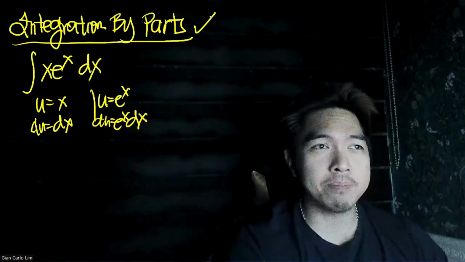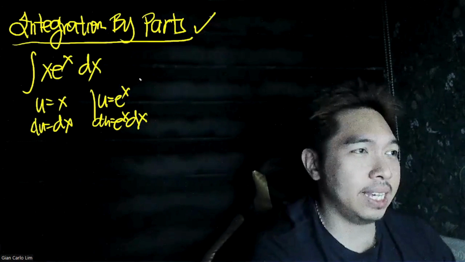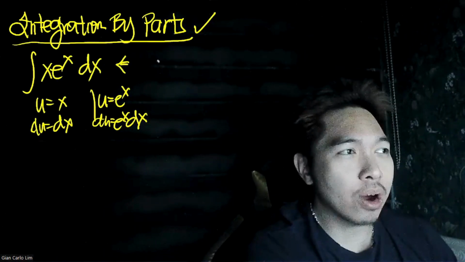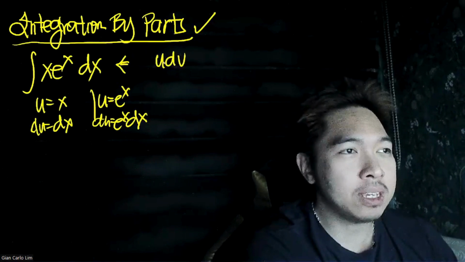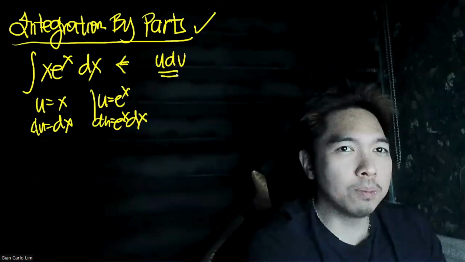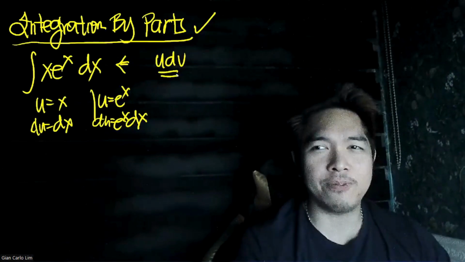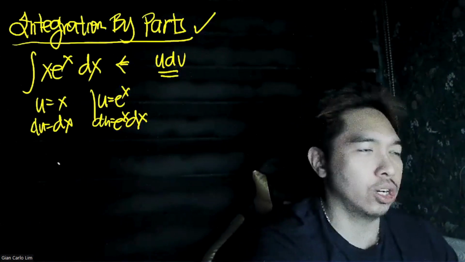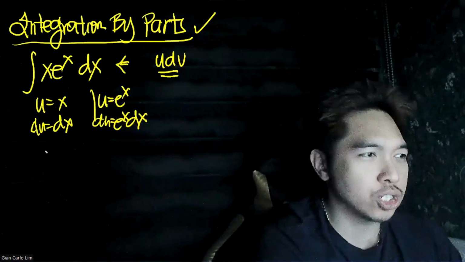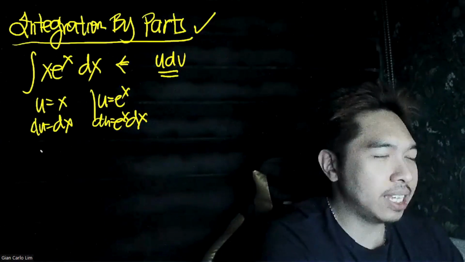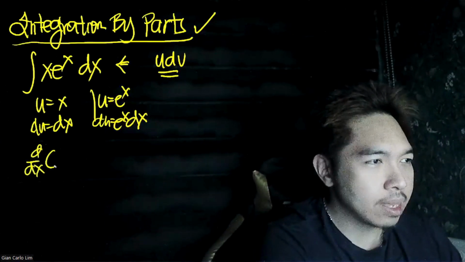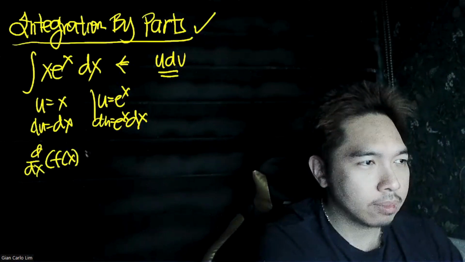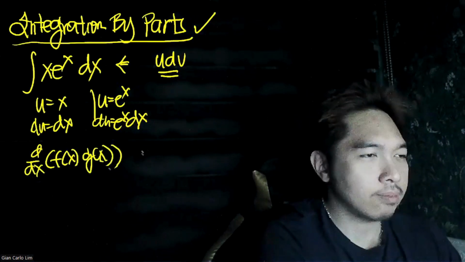So integration by parts. So suppose this is the original equation such that this would be our u and then dv. All right. So suppose if you can recall your differential calculus, if we have the product of two functions and we take the derivative, so let's name that d/dx of f of x times g of x.